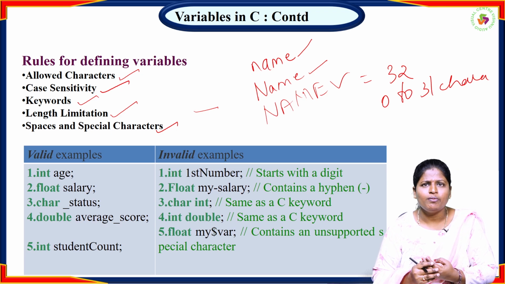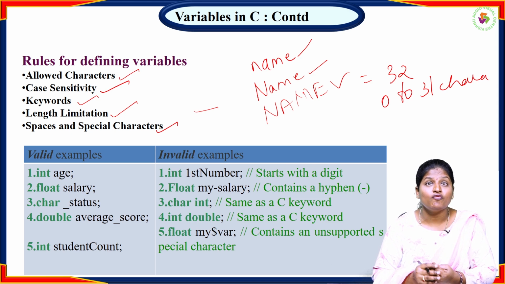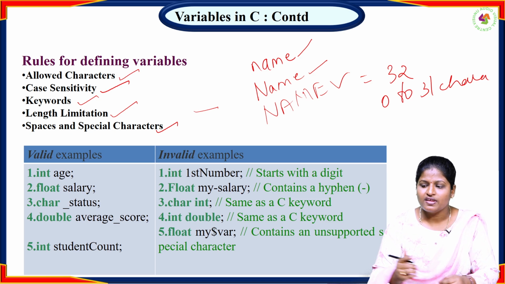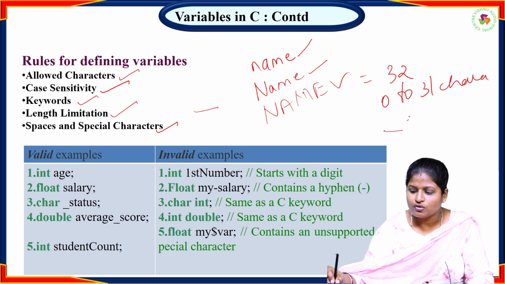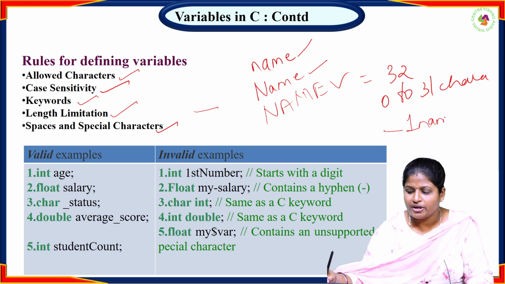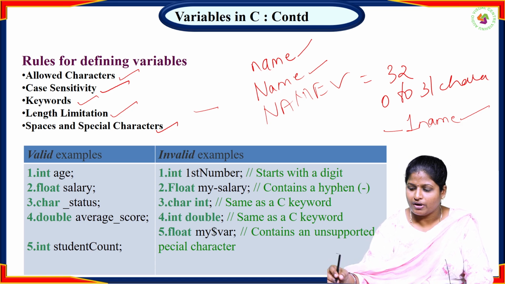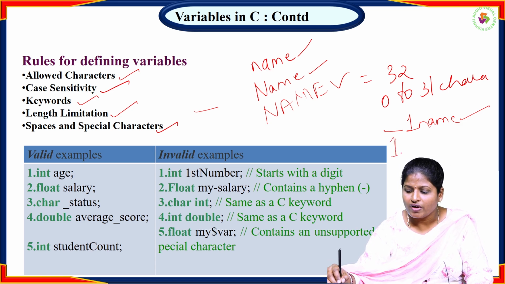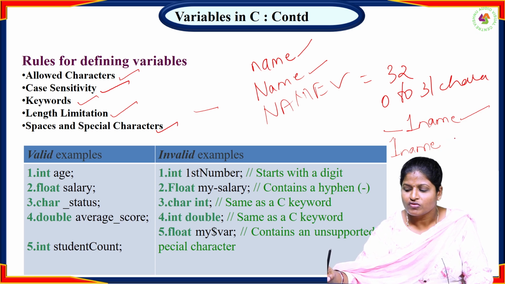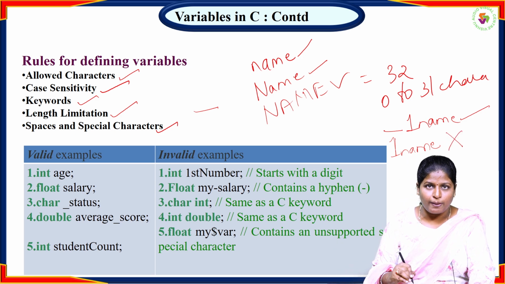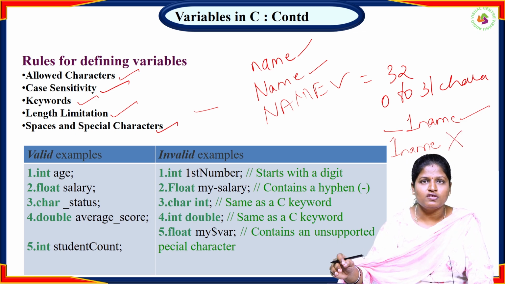And a variable name can also consist of digits, but it should not be the first character. For example, _1name can be a variable name. This is a valid variable, but I cannot write 1name because a variable name cannot start with a digit. So this is an invalid variable name. So we have some rules for that.